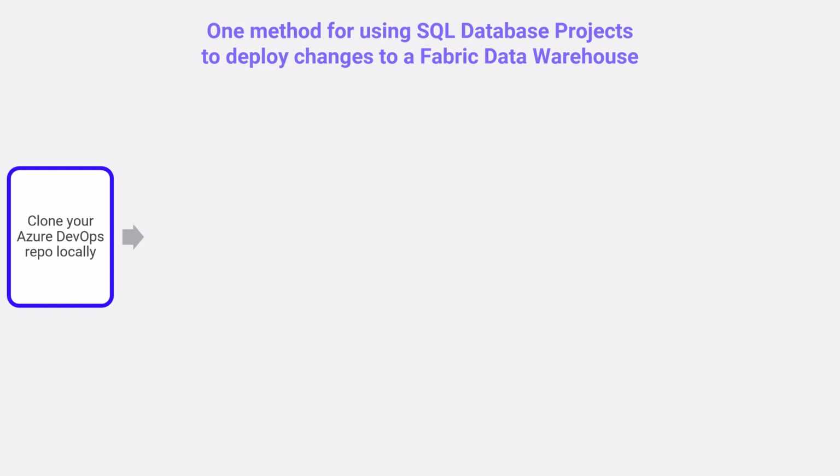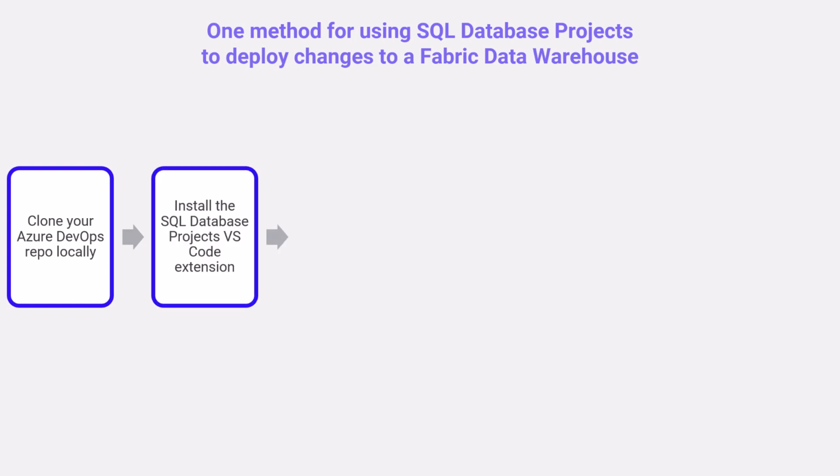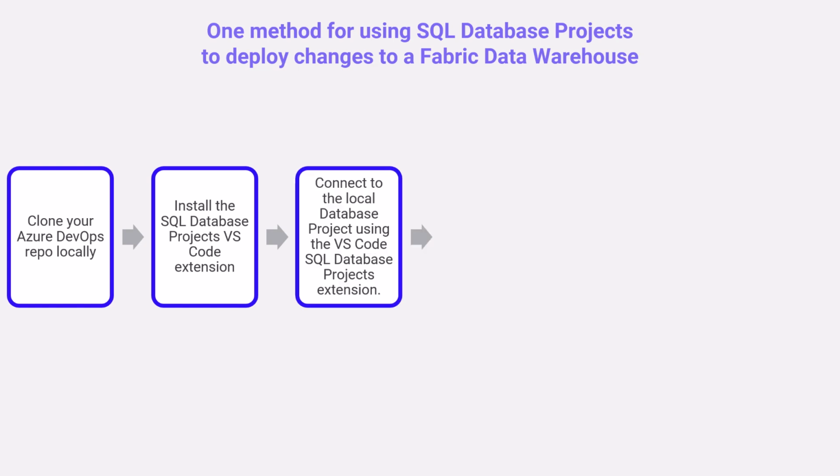So Visual Studio Code. We'll show you what this looks like in a minute. Then you're going to want to use a tool. I prefer VS Code for this. You can install a SQL database projects extension. Then, because we've cloned the Azure DevOps repo locally, we can connect to the database project, which is in that cloned repository, via this VS Code SQL database projects extension.